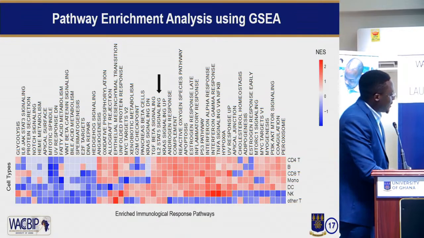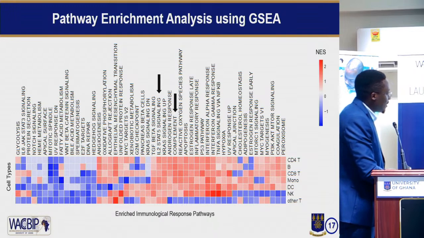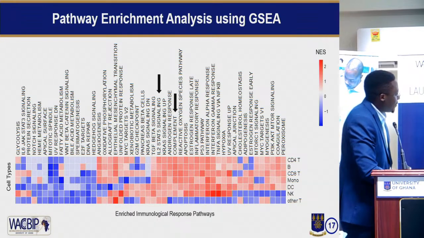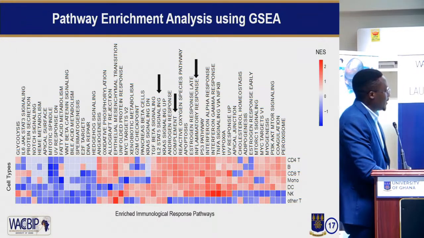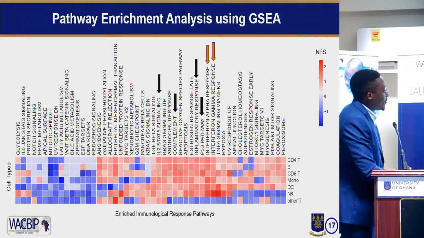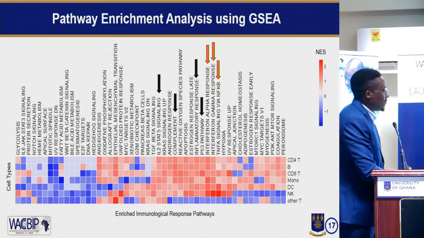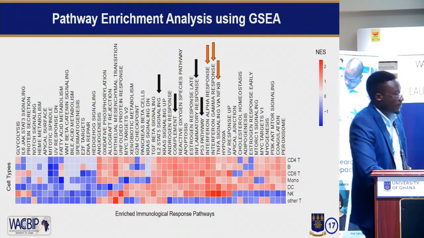And we can see that despite all the other pathways, several immune response pathways were significant. This includes the IL-2 STAT pathway, the complement pathway, inflammatory response pathway, p53 pathway, and several interferon response pathways, and TNF-alpha plus NF-kappa B signaling pathway.